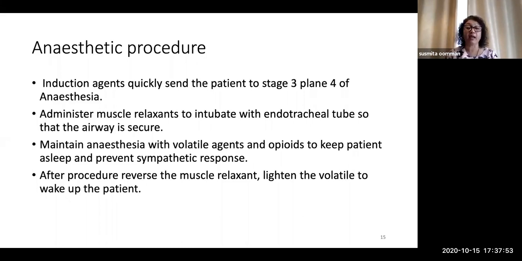And at the end, we reverse the muscle relaxant, we clear it out, and then we lighten, we reduce our volatiles, and wake up the patient so that he's comfortable and pain-free. So this is just a very small gist of how anesthetic is done currently with the intravenous method.